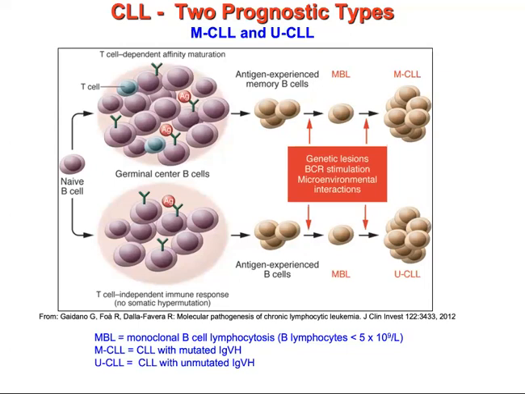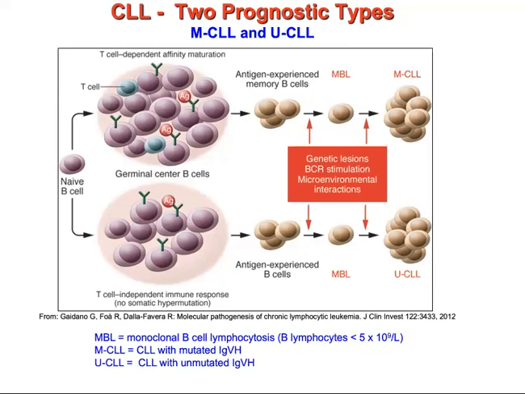Somatic hypermutations then result in many different B-cell progeny, and each of those cells has different affinity for the antigen, okay? And again, what I said before, the cells with the highest affinity for the antigen will proliferate, and the cells with the lowest affinity will be eliminated. They will undergo apoptosis, okay?